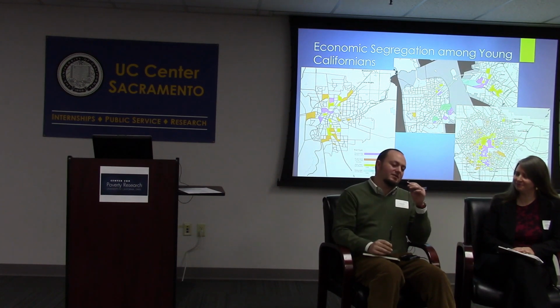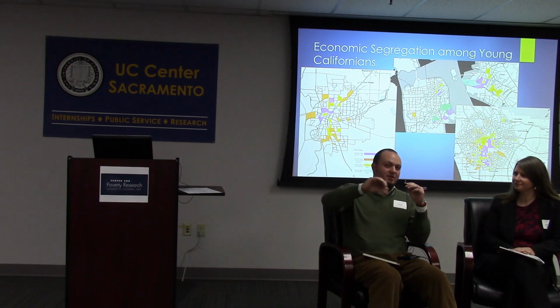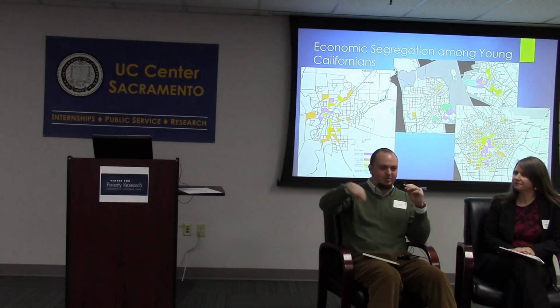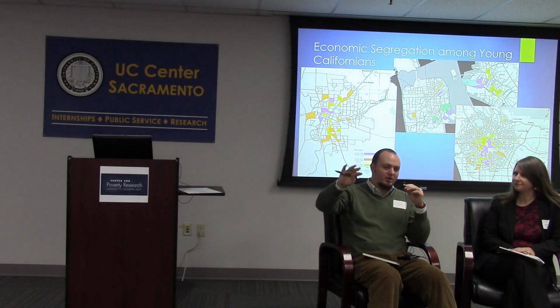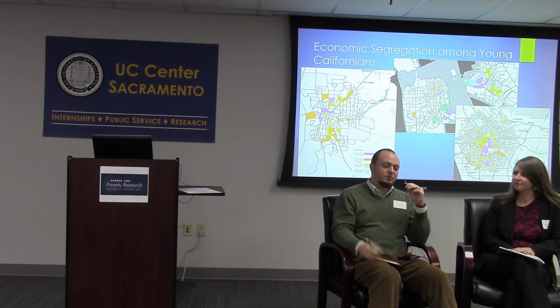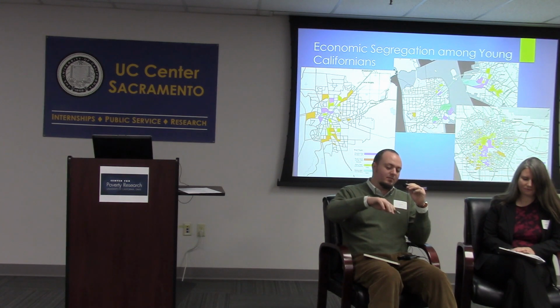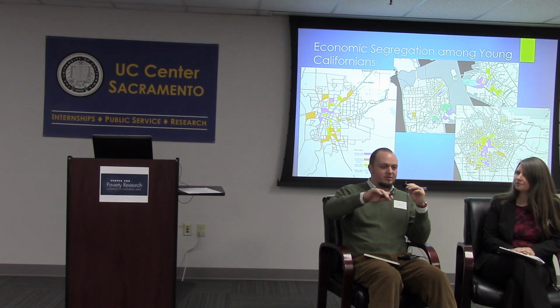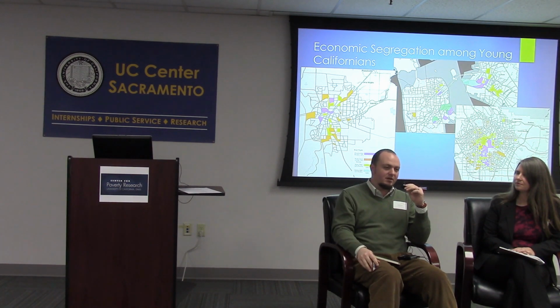Mm-hmm. So the scenario you're describing, of increasing fragmentation of communities by school district, so increasing the number of school districts within a metropolitan area, is far more common than any dissolution or combining of school districts. Kendra Bischoff, whose work I cited in some of these slides, has done work showing that over time, metropolitan areas that have seen increasing within-metro-area fragmentation by school districts are precisely those metro areas that have seen increasing segregation and increasing inequality in student outcomes.